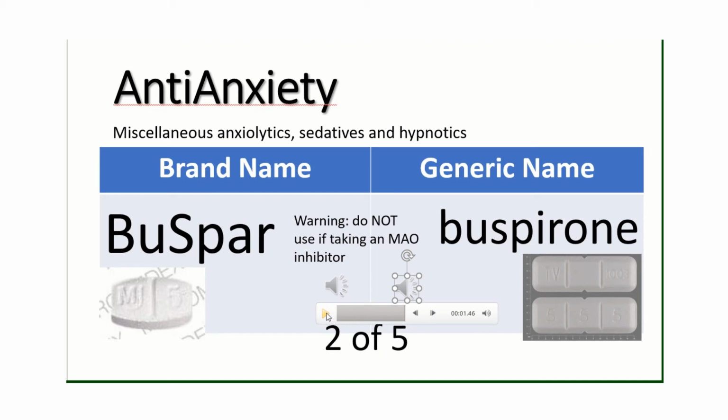Buspar and buspirone are miscellaneous anxiolytics, sedatives, and hypnotics. Buspar and buspirone are anti-anxiety medications. Buspar and buspirone have a warning not to use if taking an MAO inhibitor.